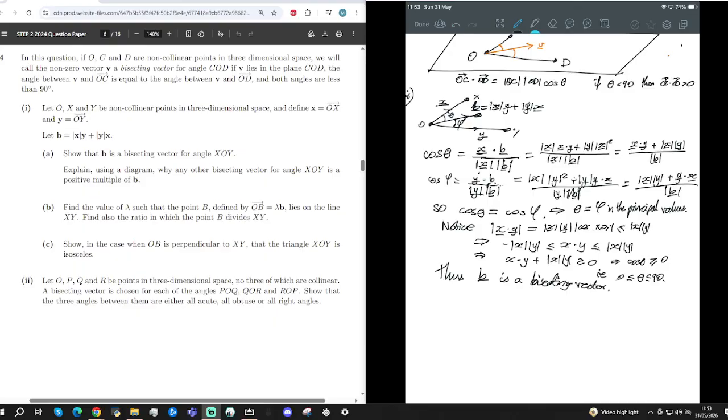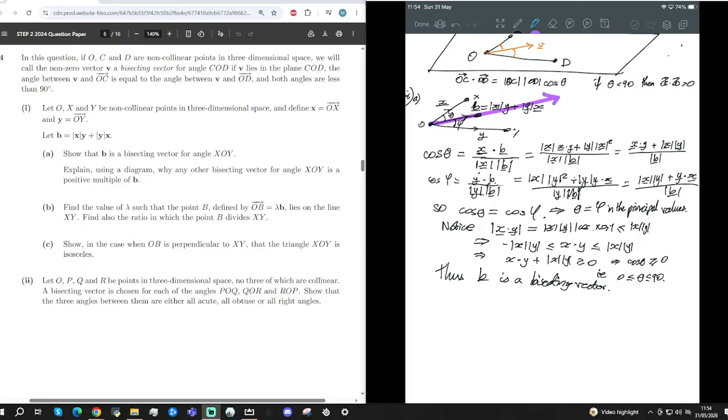Nice. So we've taken the definition and we've checked their definition very carefully. Now part A does have a second comment in there. Explain using the diagram why any other bisecting vector is a positive multiple of B. So you already have this picture up here.